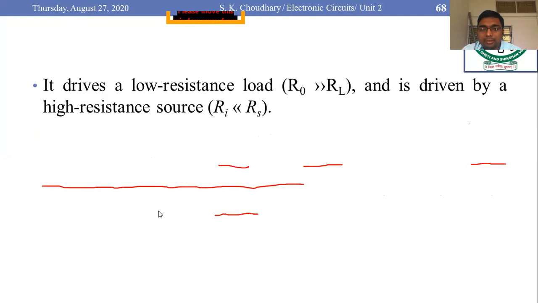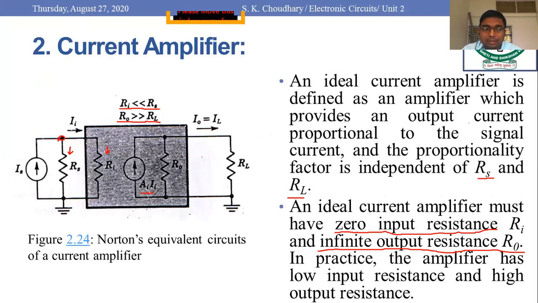See from the diagram, the idea would be more clear. When I say Ri is very much less than Rs, what does it mean? Rs is a large quantity as compared to Ri. We know that current has a tendency to follow the low resistive path. So here, what is the low resistive path?